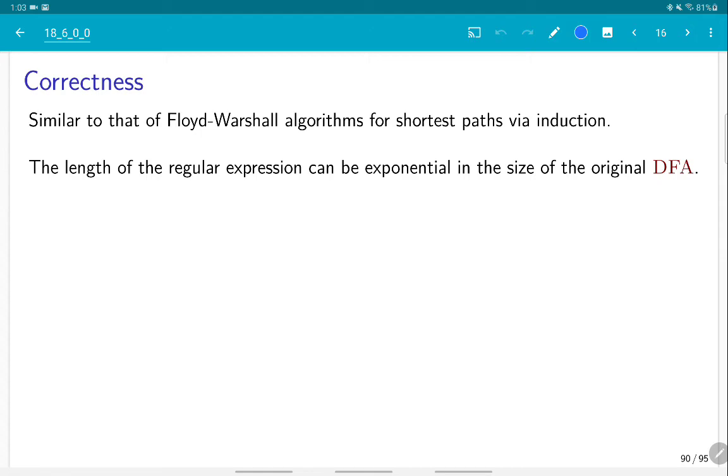So on one end, it's a very neat algorithm. On the other hand, you can have exponential blow up, which means that in many cases, or most cases, you don't want to do it, right? Which is, by the way, true of all this regular expression stuff, right? When we converted NFA to DFA, we had exponential size explosion.